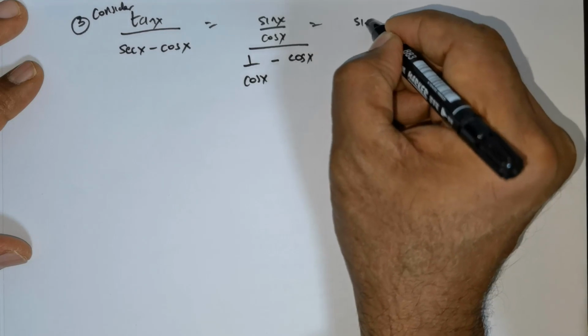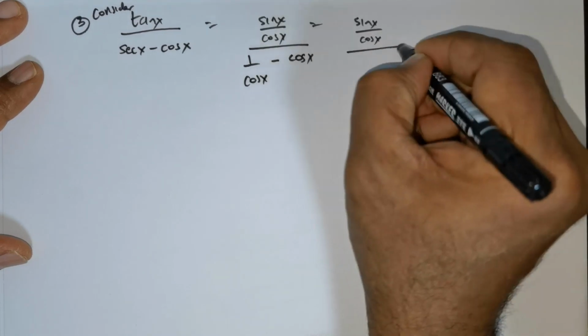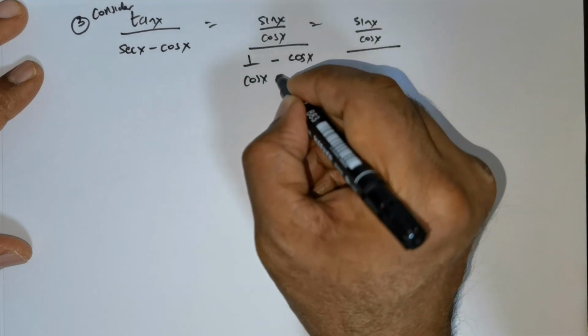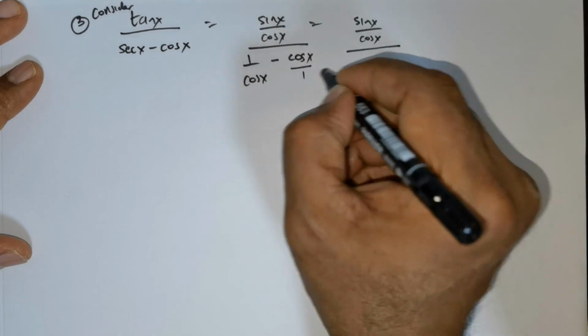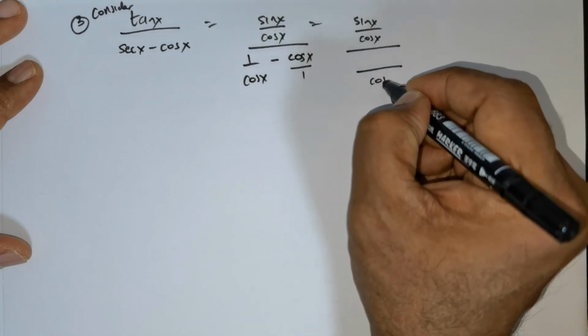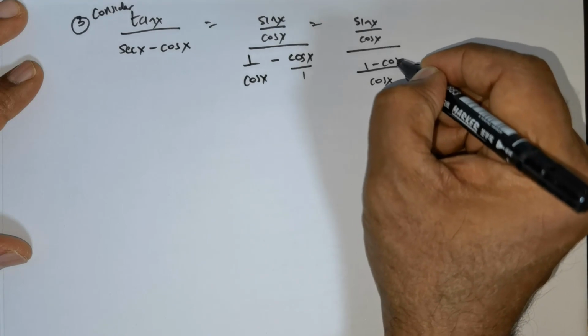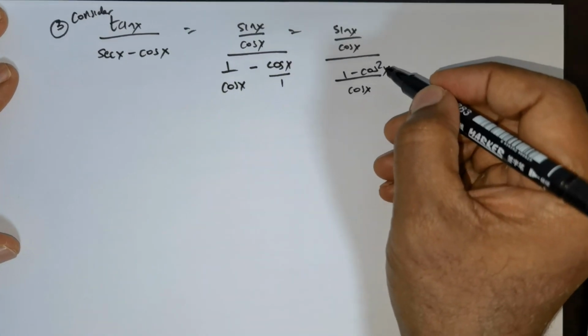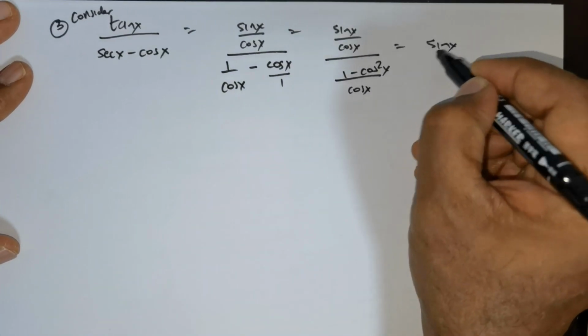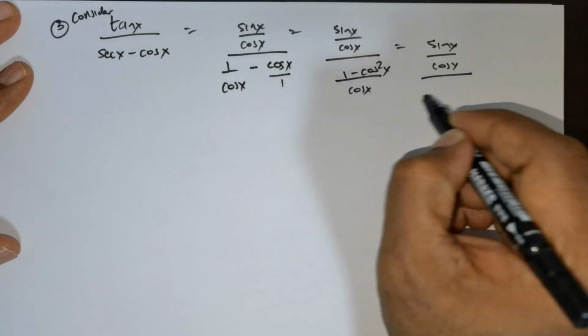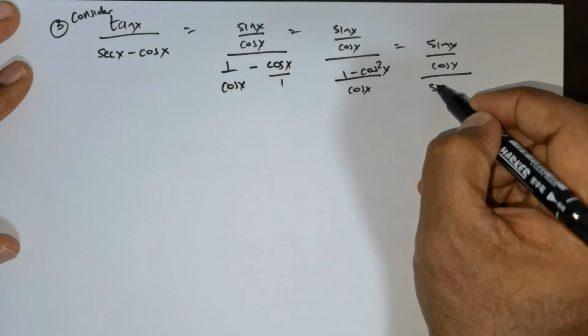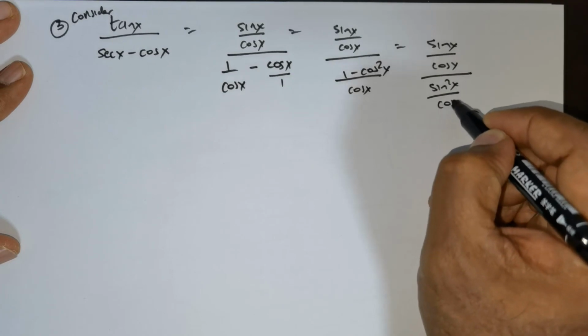This is equal to sin x over cos x divided by the LCM as cos x. This is resting over 1. So if I were to take the LCM as cos x, this is going to give me 1 - cos squared x. So this is equal to sin x over cos x divided by 1 - cos squared x, which is sin squared x divided by cos x.